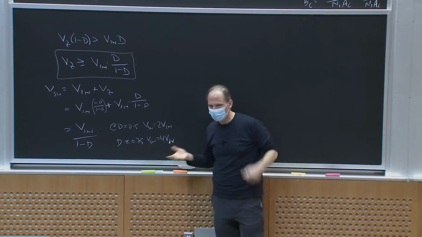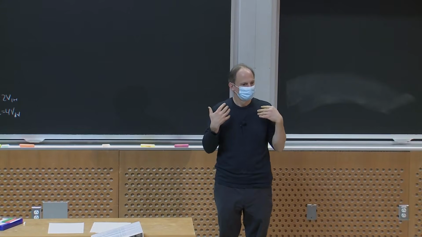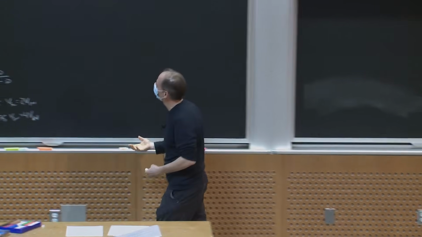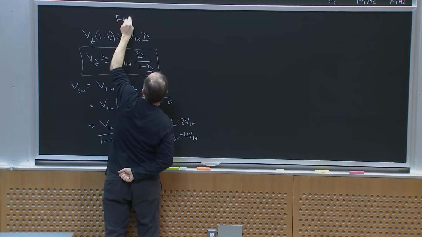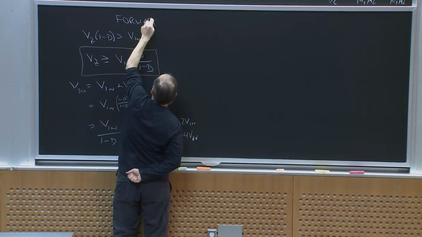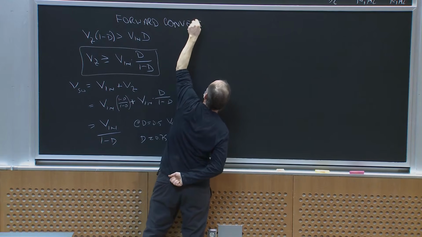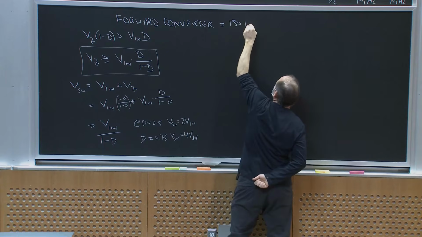So I am going to pay a price in the isolated buck converter, and I should have mentioned, by the way, this converter is called a forward converter. It equals an isolated buck.